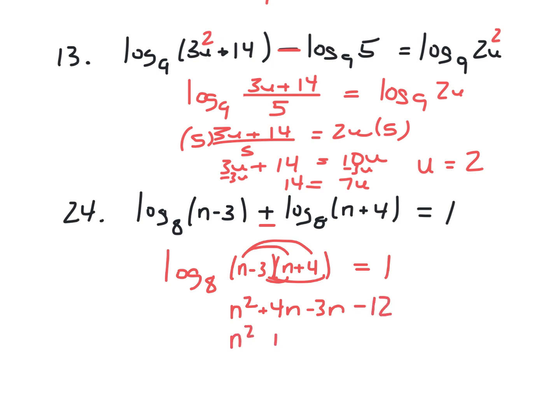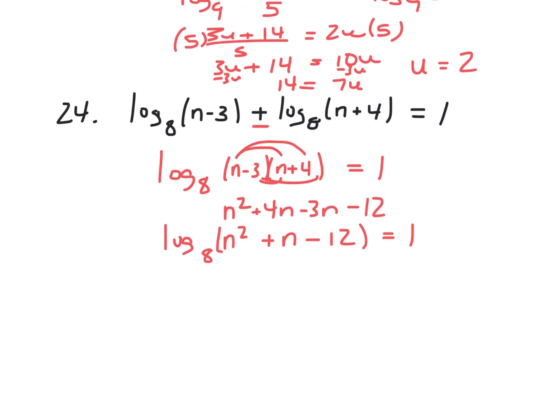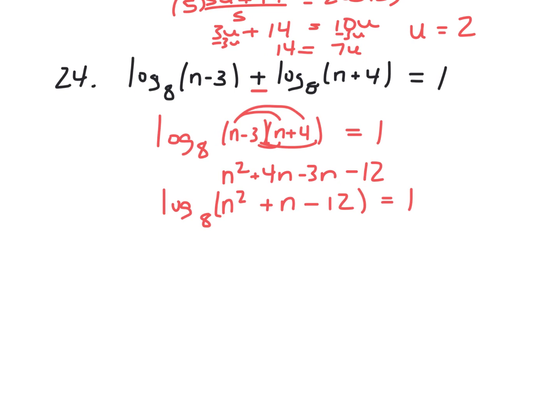Combine like terms. And now you can see we just formed a quadratic equation. But I'm also with a single logarithm here, so changing the form of this, 8 is my base, so it's going to be 8 to the first power equals this quadratic. So n squared plus n minus 12 is going to equal 8 to the first, which is 8.